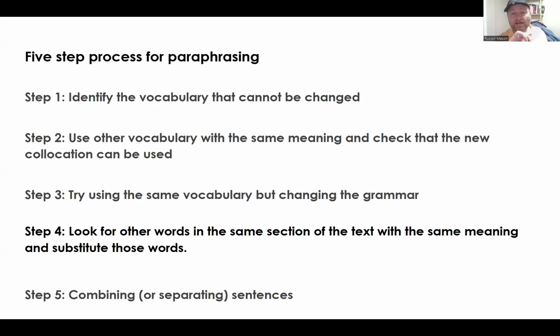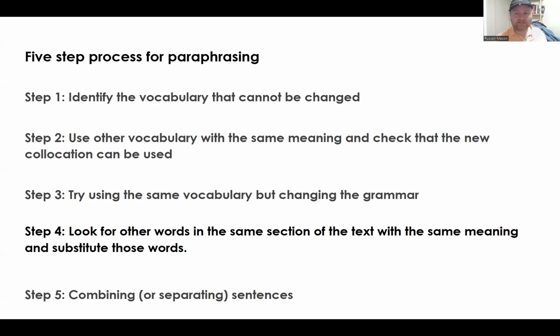Step 2, use vocabulary with the same meaning and check that the new collocation can be used. So we did that with a Google search by putting it in inverted commas. Step 3, if you cannot change the vocabulary, then try changing the grammatical structure, use the same word in a different form, and reorganize the rest of the sentence. Other things you could do but are not as useful. Number 4, look for words in other parts of the text nearby.